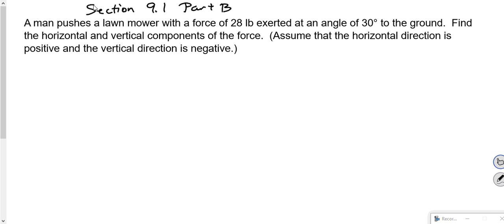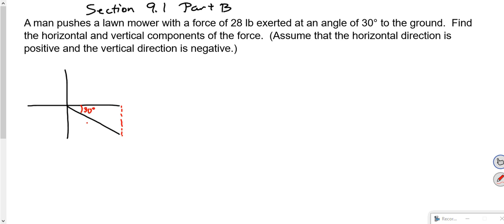Visually, this doesn't make a whole lot of sense to me, but they're talking about this being the 30 degrees because they want the vertical to be negative. I guess they're thinking you're pushing down on a lawnmower as you're pushing it. So I guess I get that.